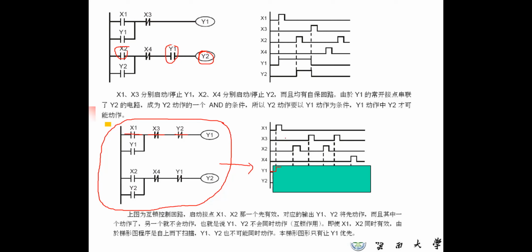But when X1 goes to 0, but Y1 is 1, we can use this to hold. Y1 is equal to 1.